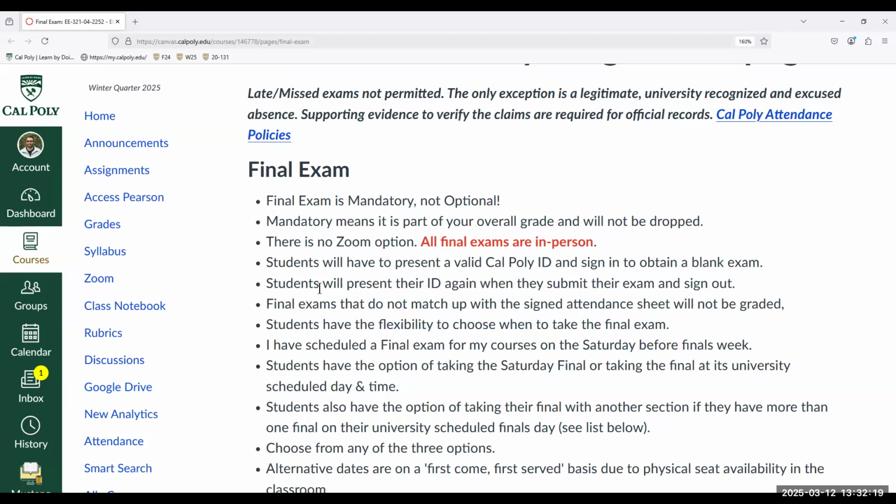Having said that, feel free to skip the final exam. Your grade simply drops down to like 75%, right? So you get 0 for those 25%. I can't force you to be here if you don't want to be here.